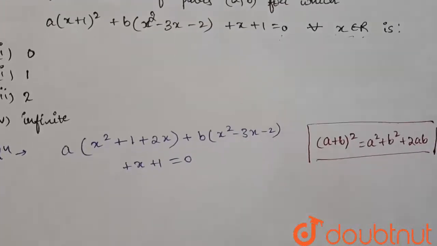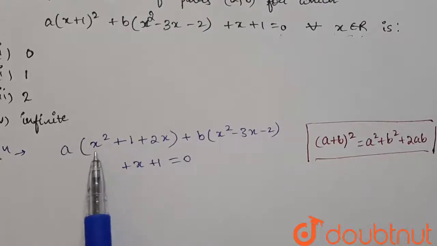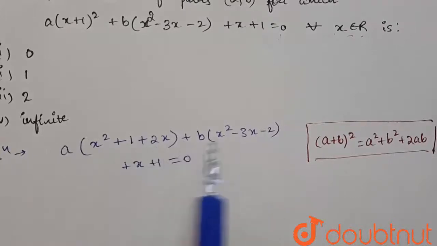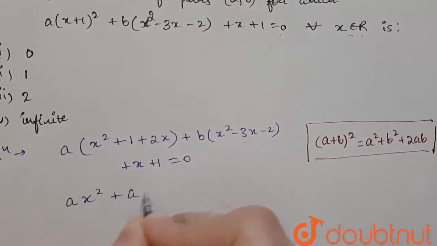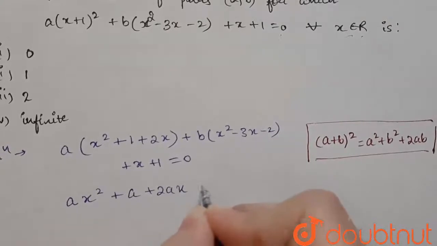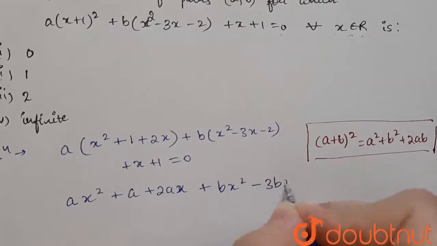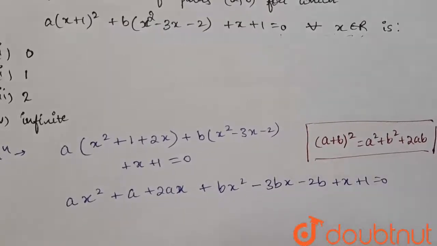Now we will write it in the form of a quadratic equation, that is, we will separate the coefficients of x², x and the constant terms. So we will write it as ax² + a + 2ax + bx² - 3bx - 2b + x + 1 = 0.